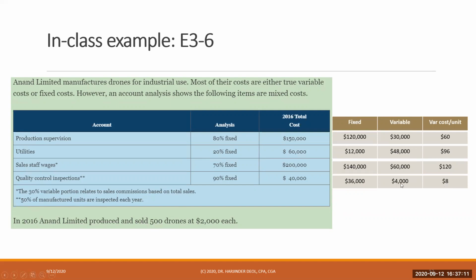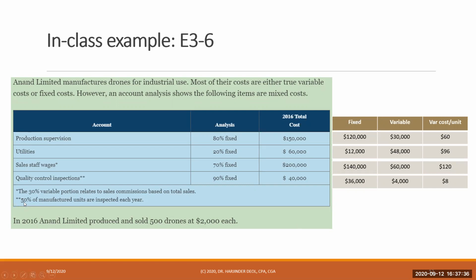We take the $4,000 of variable cost and divide by 500 to get $8, but this is $8 for each unit produced. If in an exam you were asked what is the variable quality control cost for each unit inspected, you will then need to adjust.